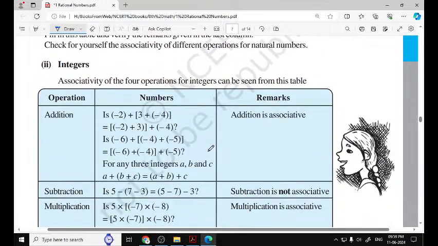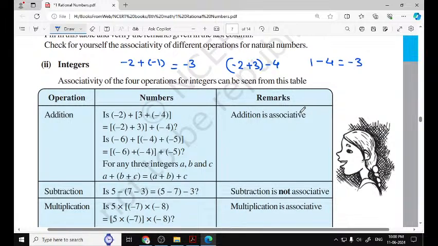Same is for integers. If we change grouping for integers, -2 plus 3 plus -4, here this answer is -1, -2 plus -1, so the answer is -3, and let us find out this. -2 plus 3 -4, this is 1 minus 4, which is equal to -3.